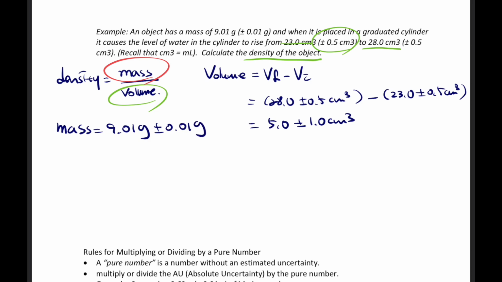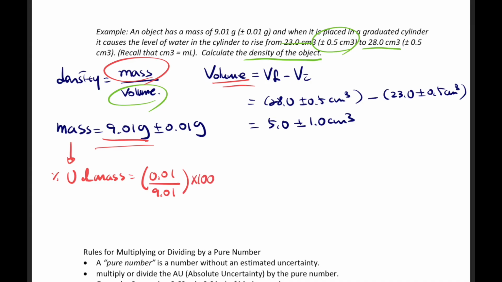But since we have to divide the mass by the volume, we have to convert our absolute uncertainty to percentage uncertainty. So the percentage uncertainty of this mass is 0.01 divided by 9.01 times 100, which is about 0.11%, right?